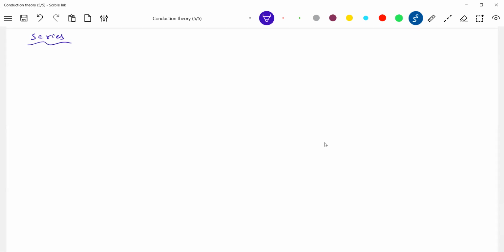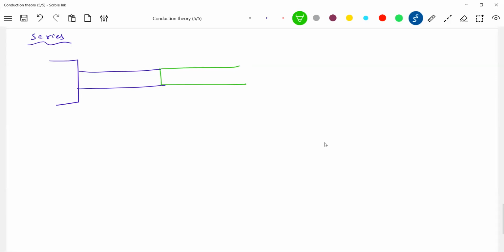Okay, if the two rods are in series, what do you mean by that? I want to replace this with an equivalent. So there's a rod K1, length L1, K2, length L2.